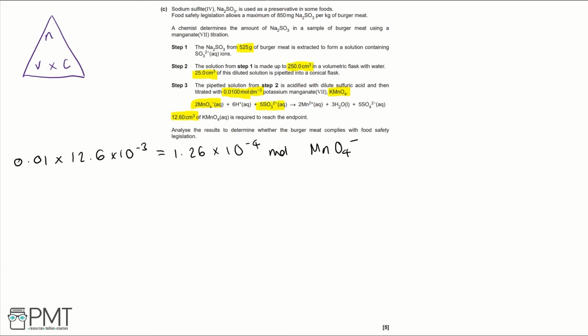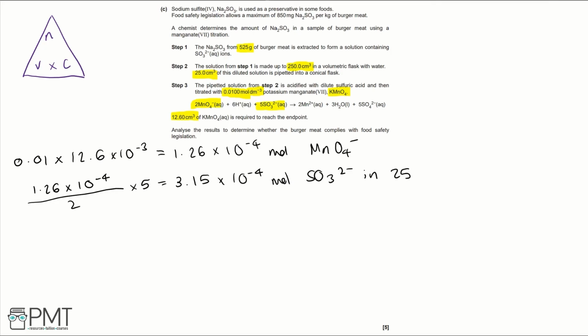So to get the moles of the sulfate ions, we need to do 1.26 times 10 to the negative 4, then divide by 2 and times by 5, which equals 3.15 times 10 to the negative 4 moles of the sulfate ions, so SO3 2- in 25 centimeters cubed.